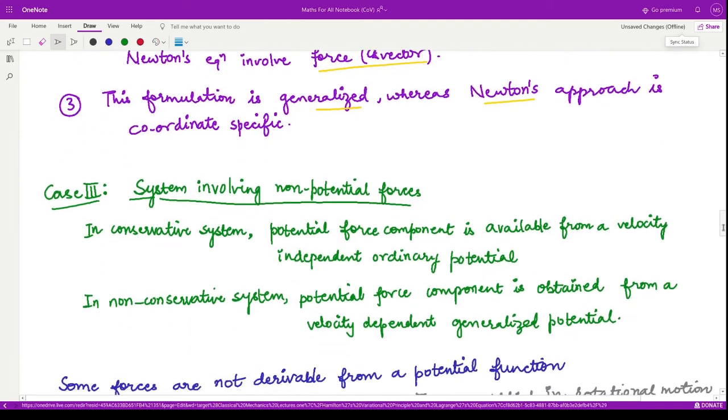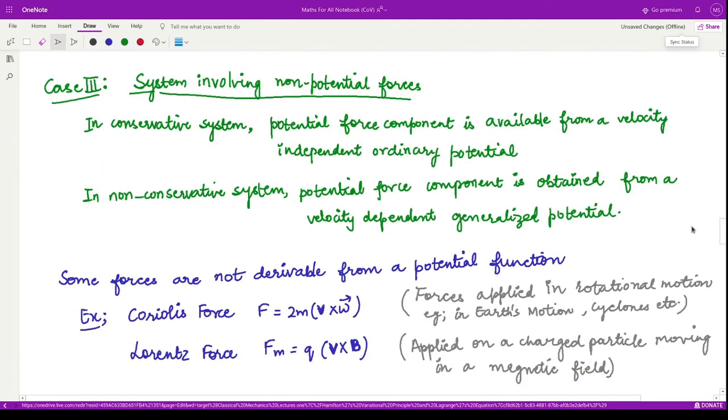The third case is a system involving non-potential forces. In conservative system, we saw the potential force component is available from velocity independent ordinary potential. And in non-conservative system, this potential force component is velocity dependent generalized potential. But there are also some forces which are not derived from potential function, for example, Coriolis force or Lorentz force.